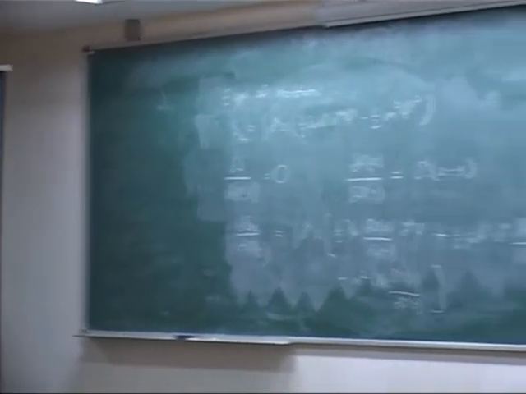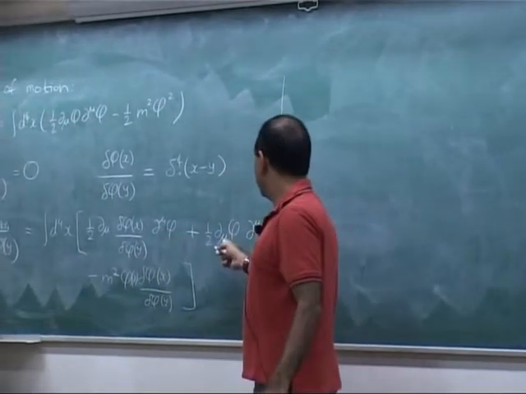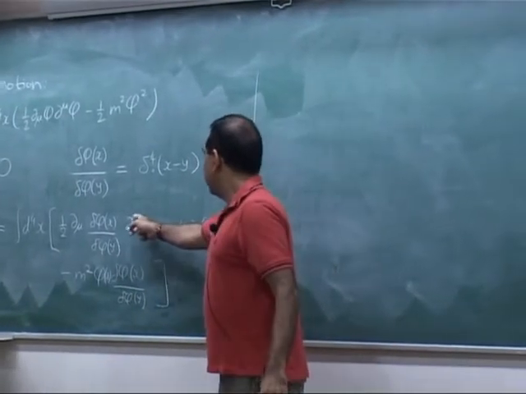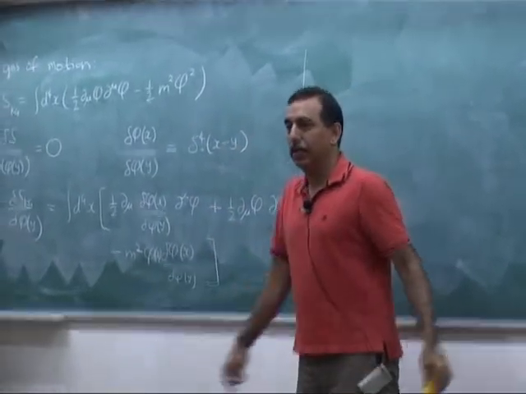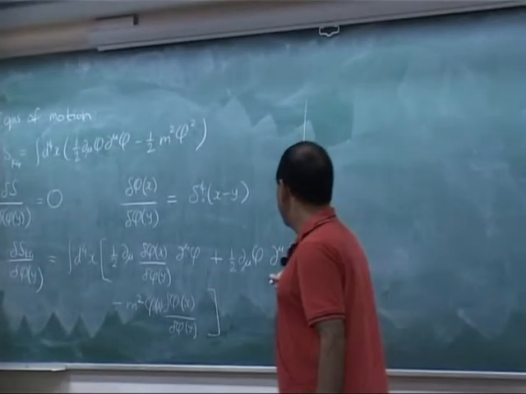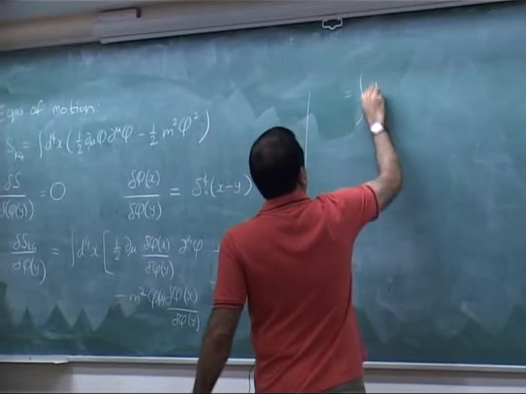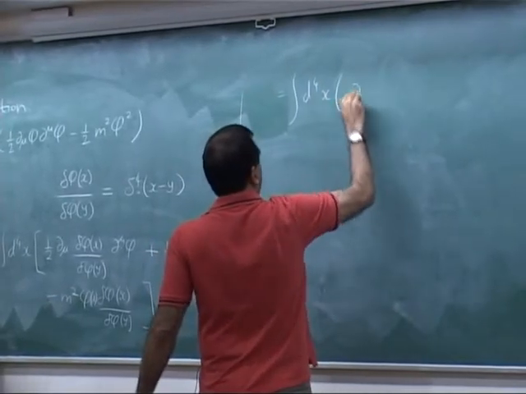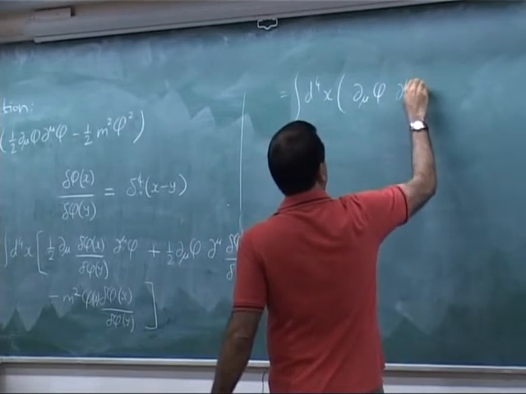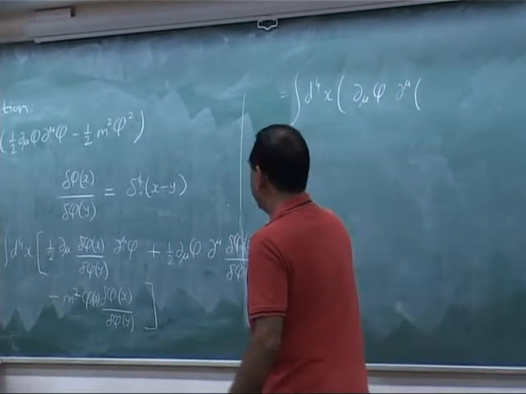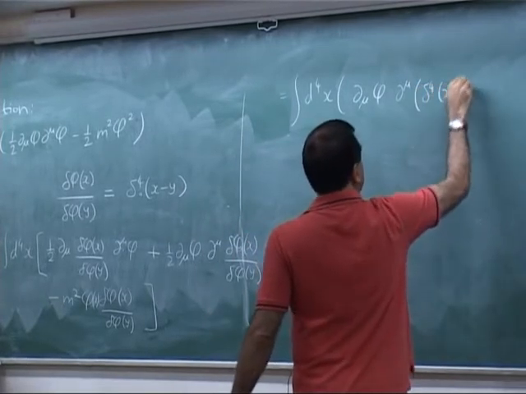Now I notice that the first two terms are equal, because the only difference is whether the index here is up or down and here is down or up, but that I can always rearrange. So these two terms are actually equal, so I can add them and drop the half. They are equal to del mu phi times del mu of this thing, which is delta four of x minus y.